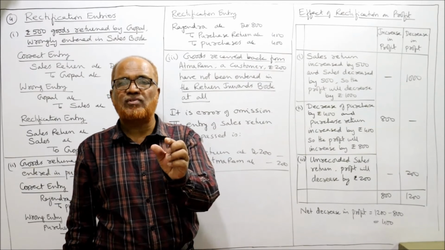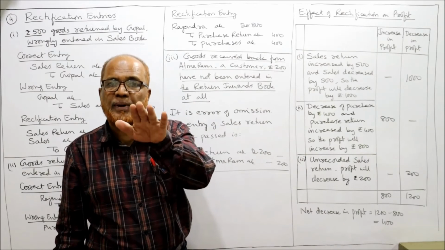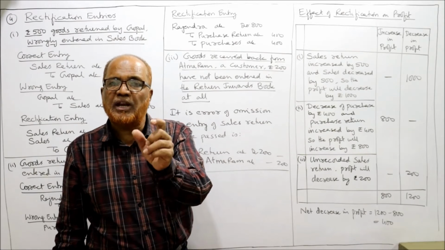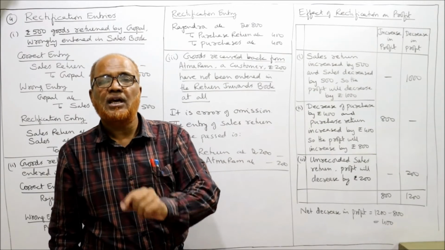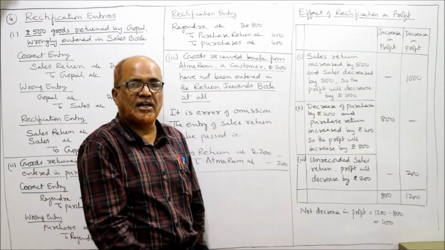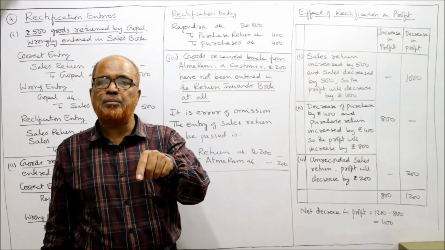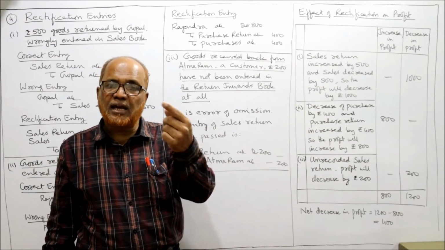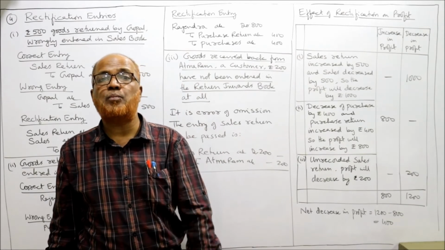See here, purchases will show debit balance. By crediting purchases, the purchases will decrease. Similarly, purchase return will show credit balance. If we further credit it, purchase return will increase. So decrease in purchases and increase in purchase return will increase the profit.